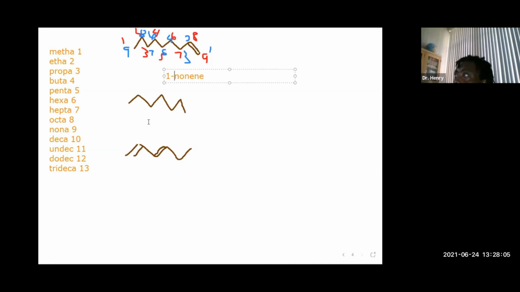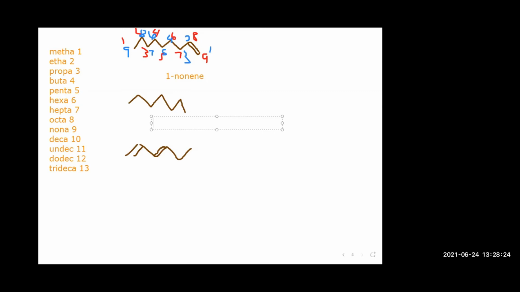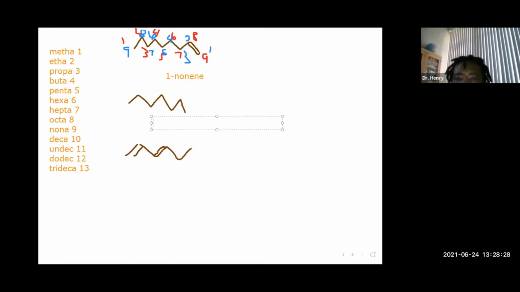Okay, let's go with Azucena. She's in Kalinga, not you, the one in Kalinga. Azucena, are you there? Yes. Okay, so what is the first thing that we should do?